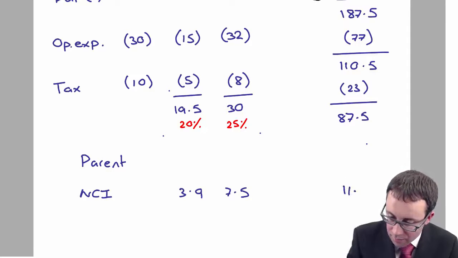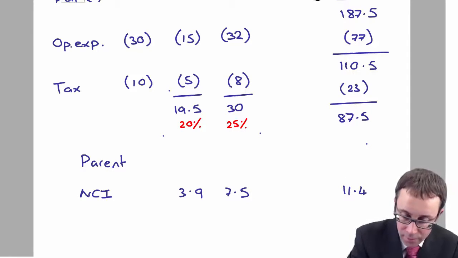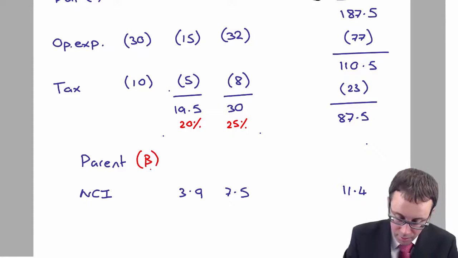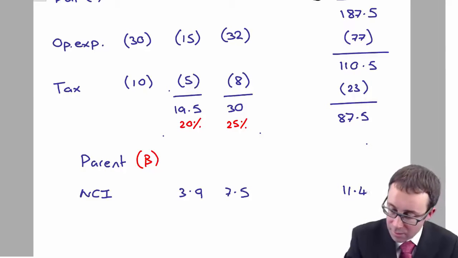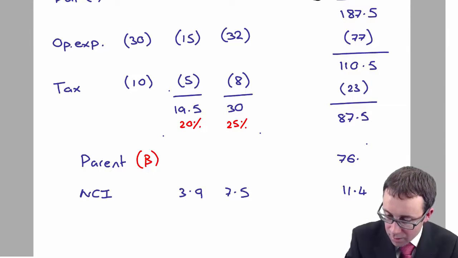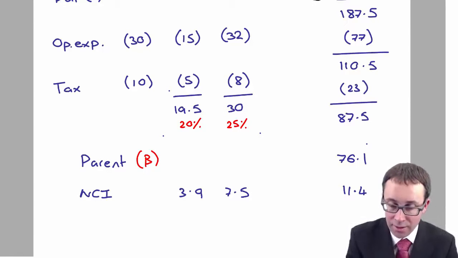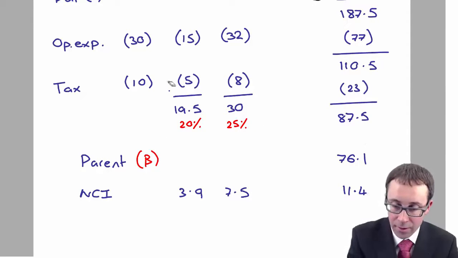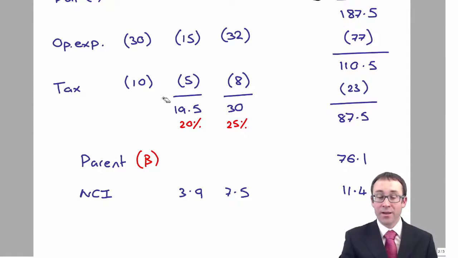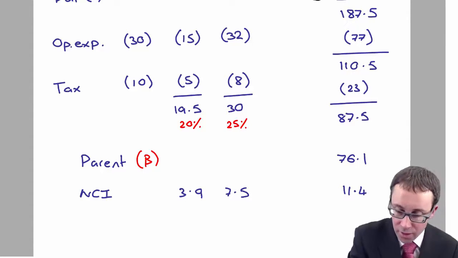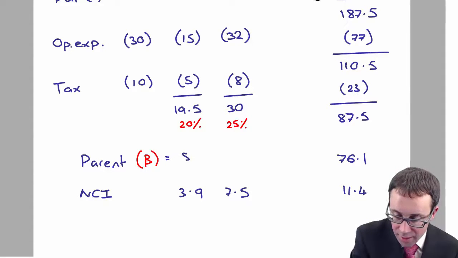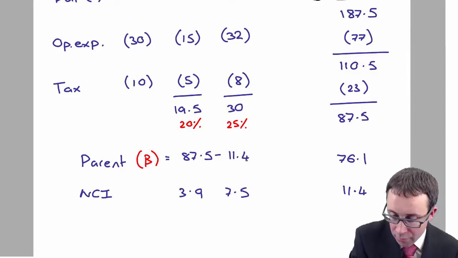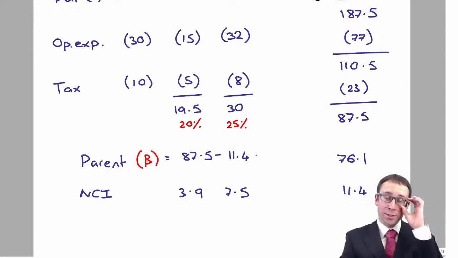When you add them across, that gives you 11.4. And if you tap in the answer, then I think the balancing figure is 76.1. Okay, there we go. Excellent. The 76.1, if you're curious as to where that comes from, is the 87.5 less your 11.4 of the non-controlling interest.